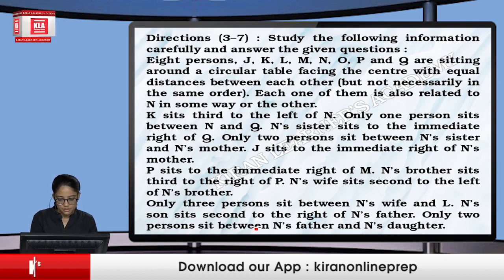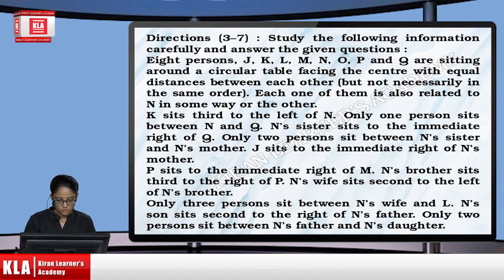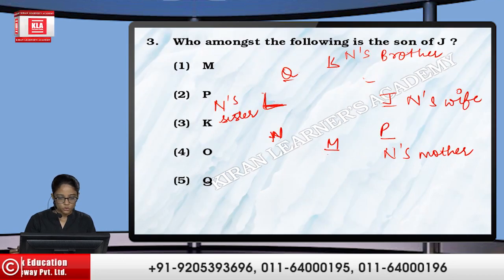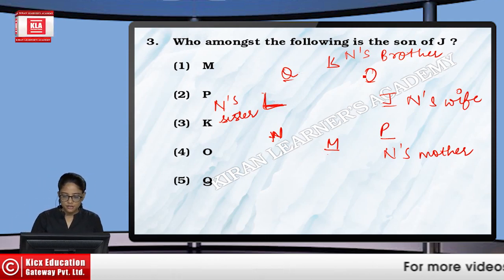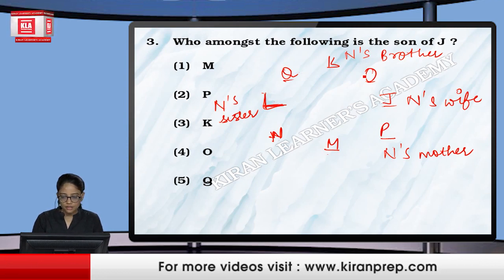Only 2 persons sit between N's father and N's daughter. So whatever alphabet we are left with is O, and they are saying that N's father is sitting second to the left of his son.